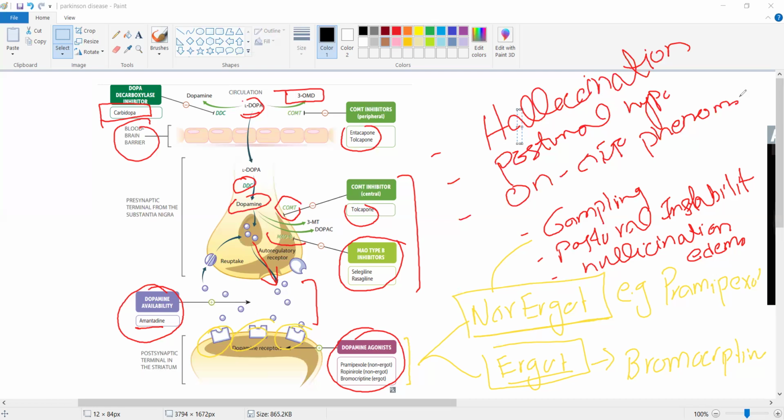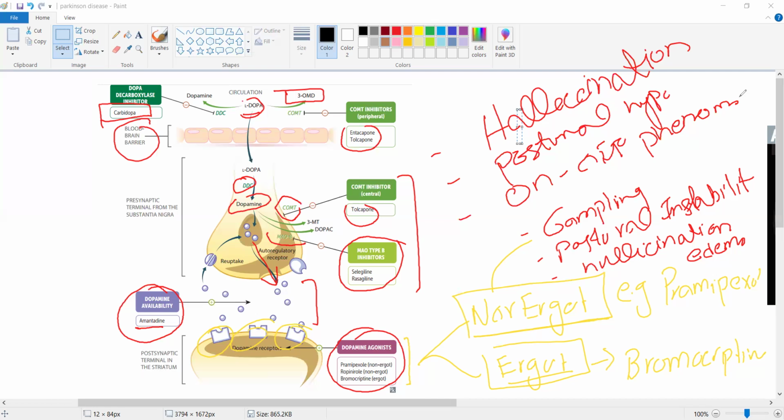So what is on-off phenomena? It is basically a phenomenon in which sometimes there is improved mobility and sometimes there is impaired mobility in a certain period because the patient doesn't respond to this drug.